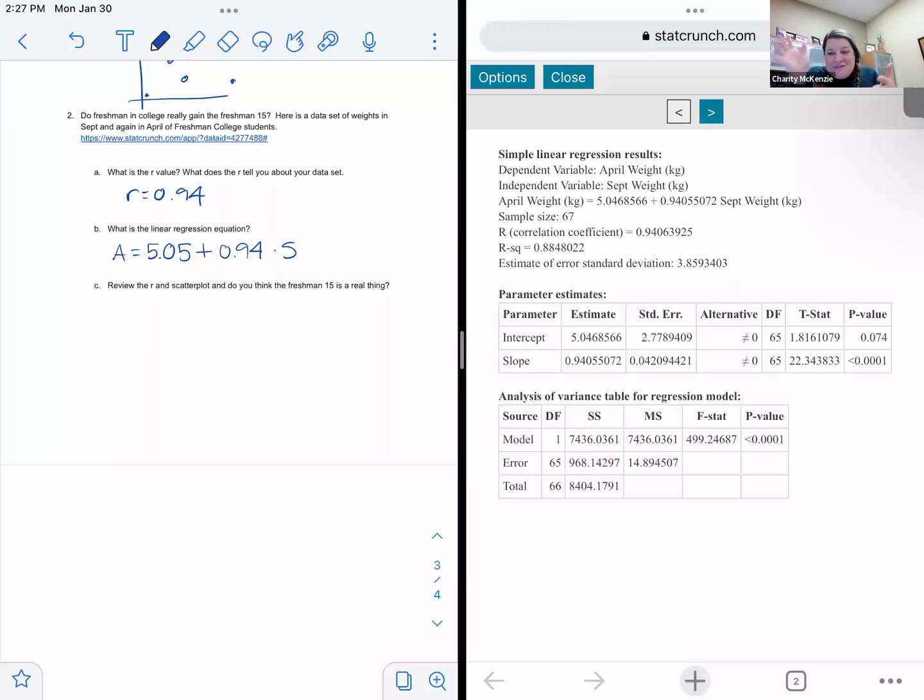Is it quite 15? Well, we're not even in pounds, it's kilograms, because this is just the way the data went. So I don't know about the freshman 15, if we're really showing you're gaining 15 pounds, but it is positive. So people are gaining weight.